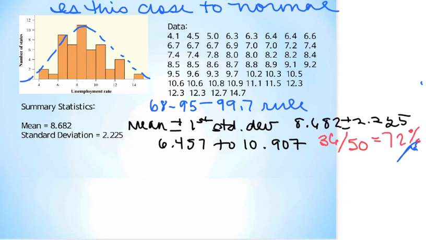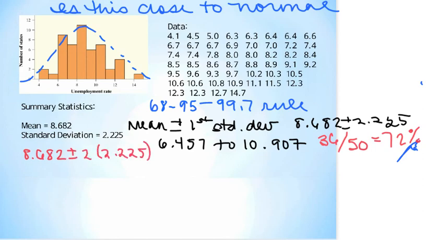All right, now let's do it for plus or minus 2 standard deviations. So the mean plus or minus 2 standard deviations is 8.682 plus or minus 2 times 2.225.